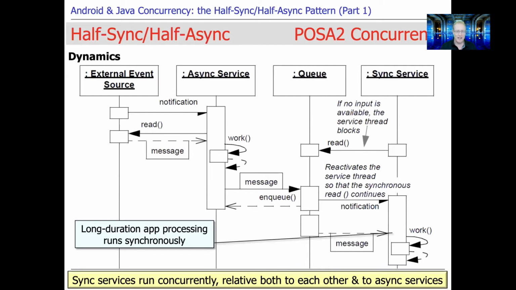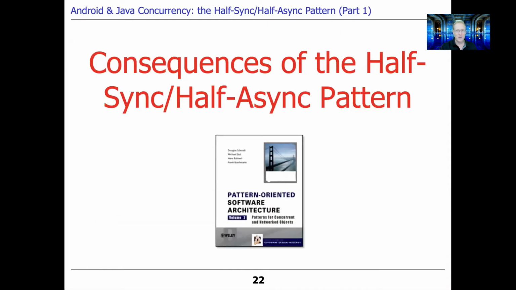So just to keep in mind, services will run concurrently because they've got threads from a pool of threads, and they're concurrent with respect to each other because different threads can be blocking, downloading different content from different servers or the same server. And of course, these services also run concurrently with respect to the asynchronous portions, which are getting work in from the user interface. So we'll talk more about the implementation of this pattern when we get to that part in the next video.